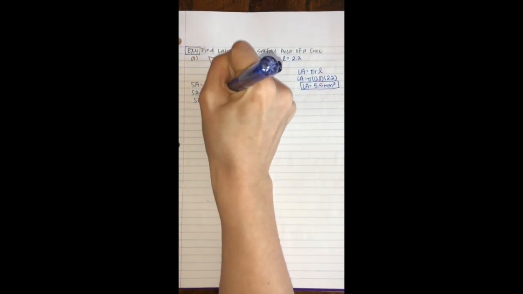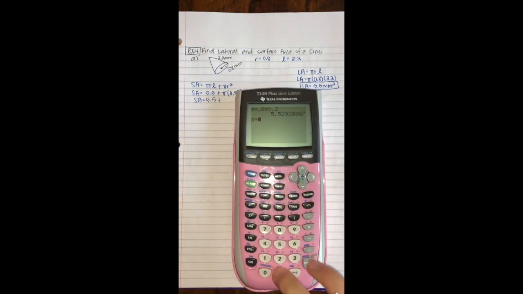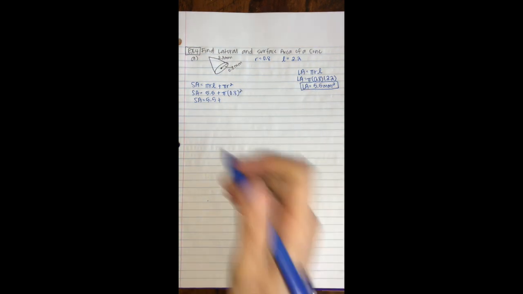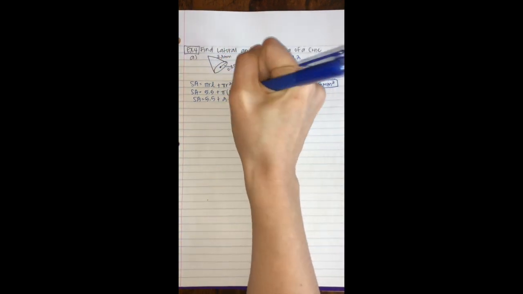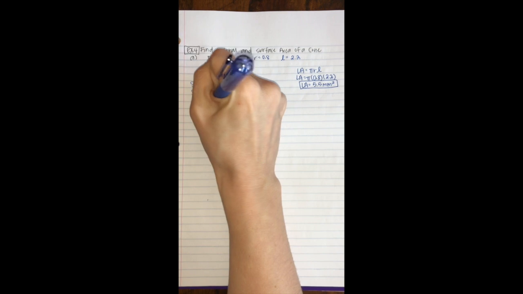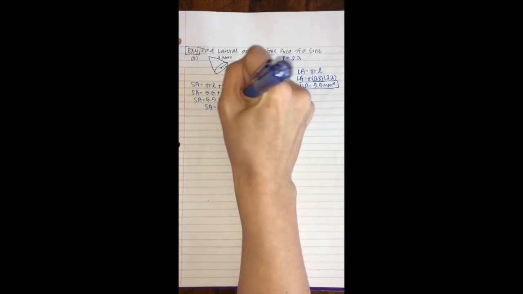So 5.5 plus, let's do pi times 0.8 squared, and that's 2.0. Let's just leave it nice and easy. So 2.0, so then we add that plus 5.5, we get 7.5. So surface area equals 7.5, units are millimeters squared.